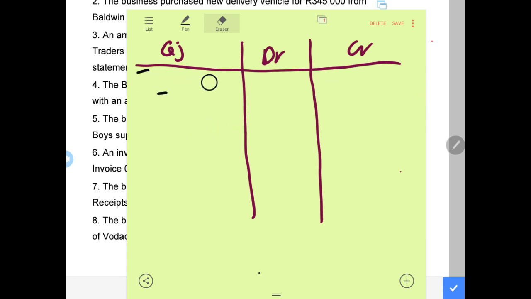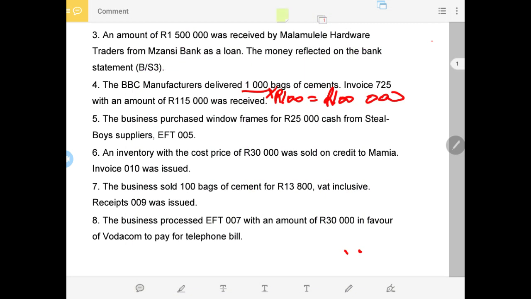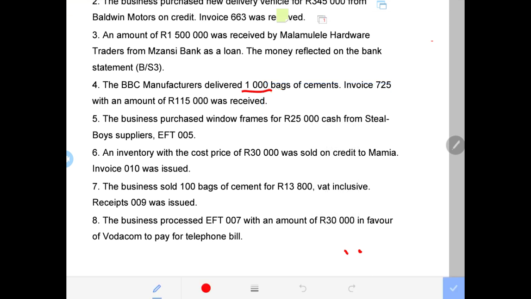Sorry, just erasing before the next one. Then now we go to the next transaction, which is number 5. Only 11 left. The business purchased window frames for 25,000 cash from Steel Boy Suppliers. We bought for cash.